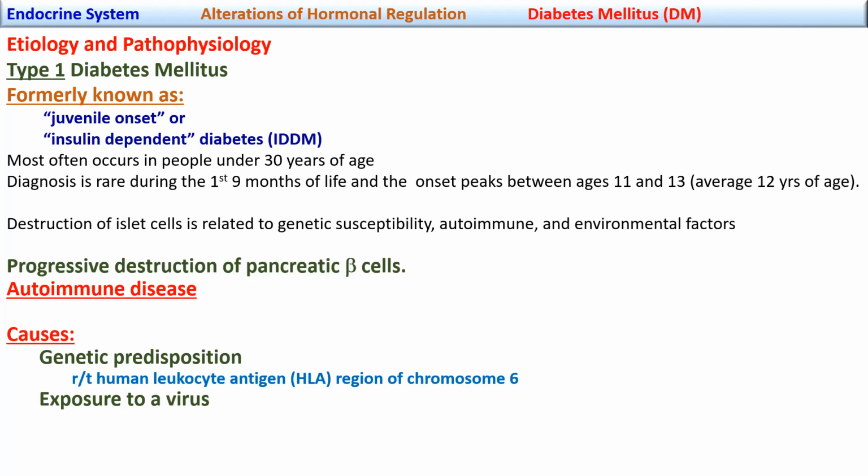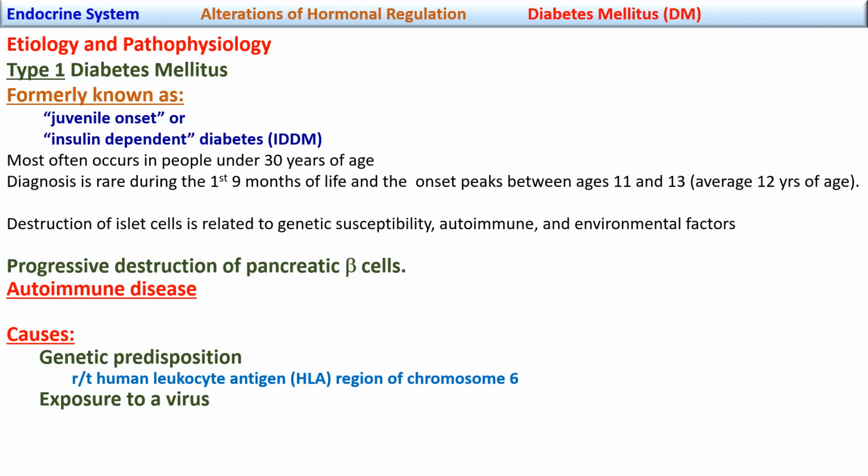Type 1A accounts for about 80 to 90% of the cases of type 1. This disease results from the progressive destruction of the pancreatic beta cells, which produce insulin.